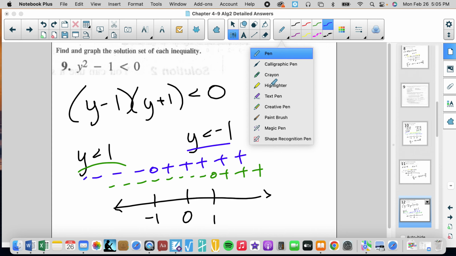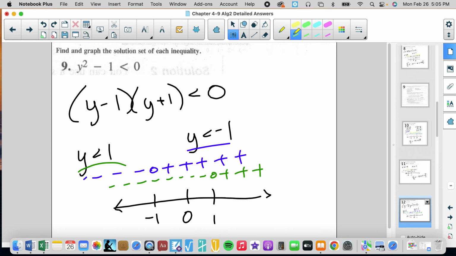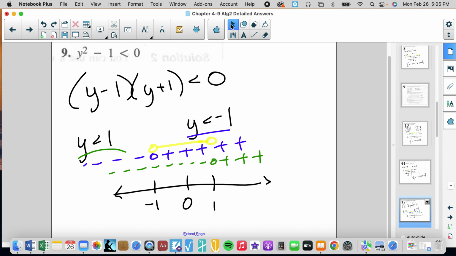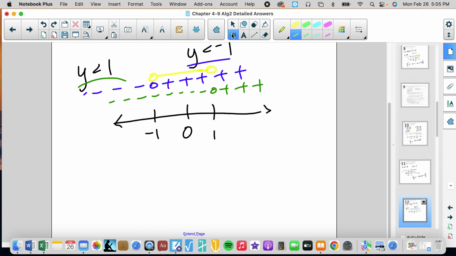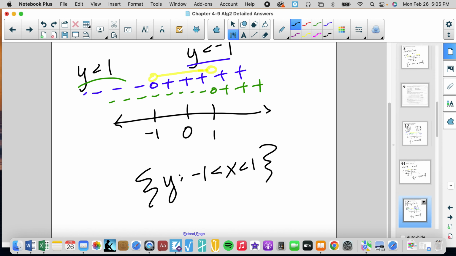So my solution is going to be open circle, open circle. We have, this time it's y, negative 1 is less than y, which is less than 1. Oh, number 9. Oh, shucks.